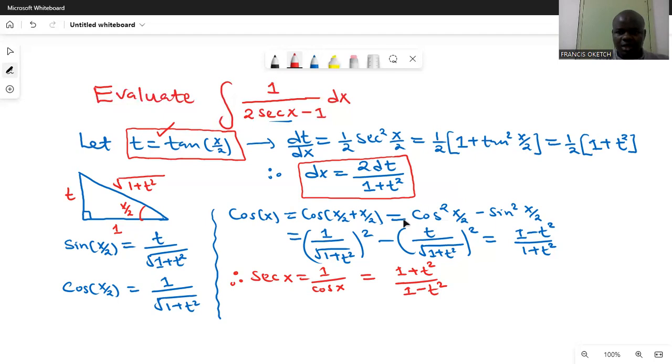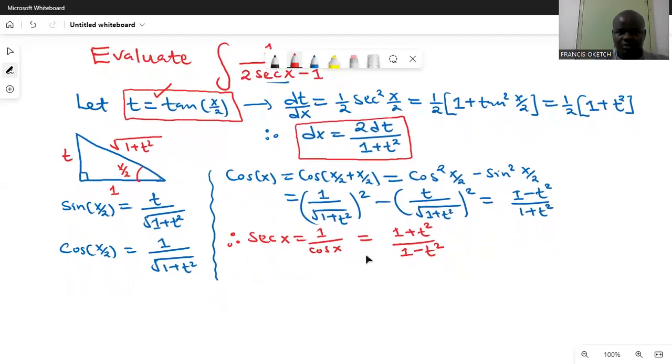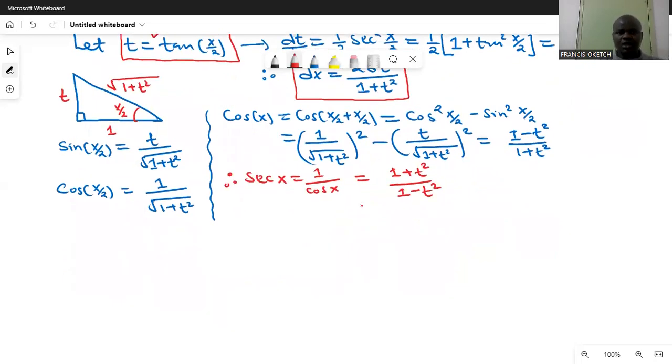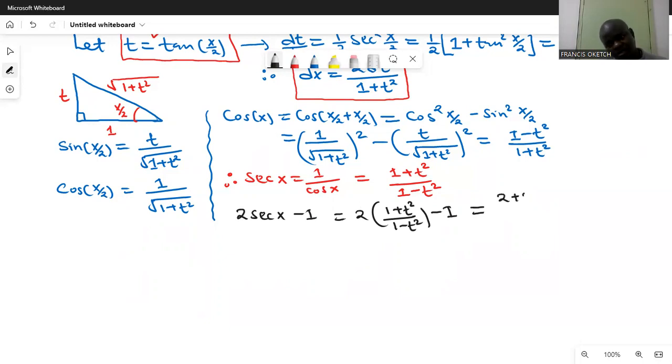Let's work out the denominator, which is 2 sec x minus 1. So what will that give us? We need 2 times sec x, then minus 1. That's the same as 2 times 1 plus t squared over 1 minus t squared, then minus 1, which you can write as 2 plus 2t squared over 1 minus t squared minus 1 over 1.